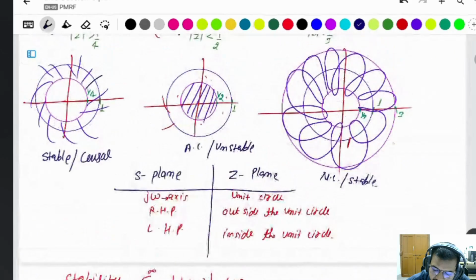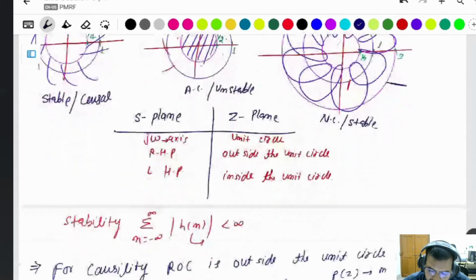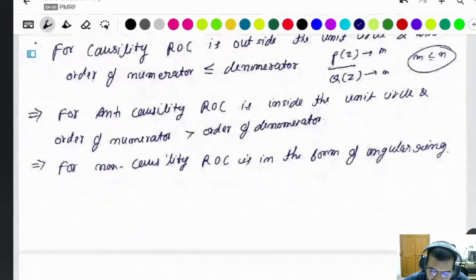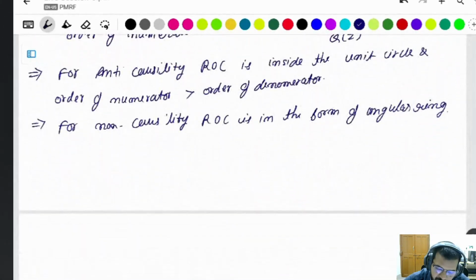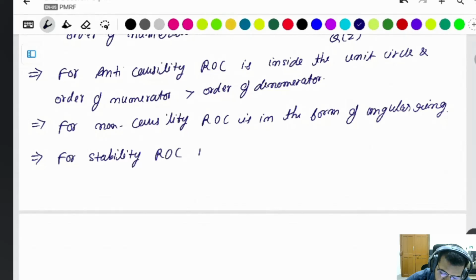It means greater than something and less than something, including the unit circle. For stability, the ROC must include the unit circle.